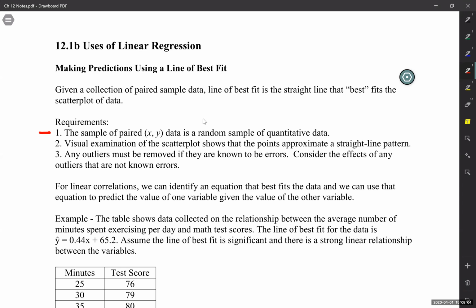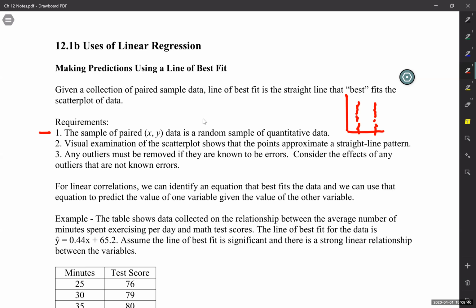So let's just think about how boring it would be if we had qualitative data. If I took a poll of everyone in the class and said, do you like this new remote instruction? That is a qualitative question because you would either say yes or no. If we recorded it, it would look something like our histograms from chapter 2, and we would have our yeses and our no's, and it would always be 2 columns, a straight up column for the yeses and a straight up column for the no's.